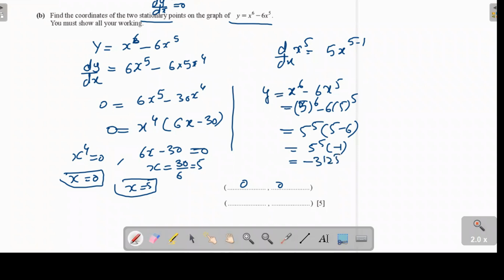Now when x is 5, the answer is minus 3125. This is the answer.